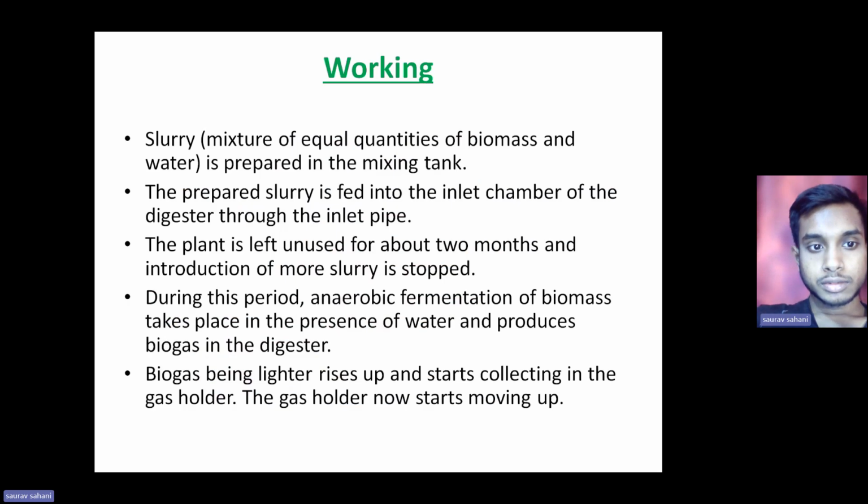Working. Slurry is prepared in the mixing tank. The prepared slurry is fed into the inlet chamber of the digester through the inlet pipe. The plant is left unused for about 2 months and the introduction of more slurry is stopped. During this period, anaerobic fermentation of biomass takes place in the presence of water and produces biogas in the digester.